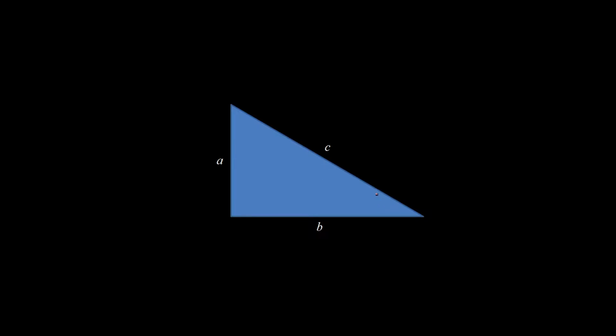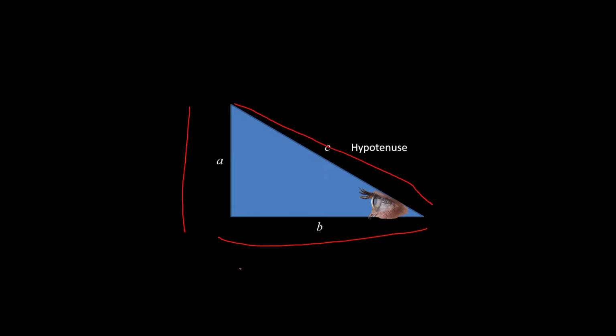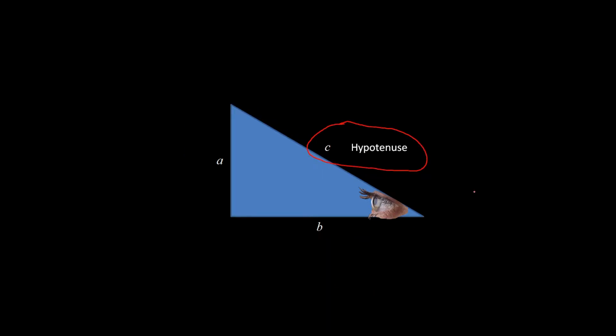So imagine down here, this angle is actually an eyeball. Now, each of these legs has a name. The only name that stays consistent is hypotenuse.